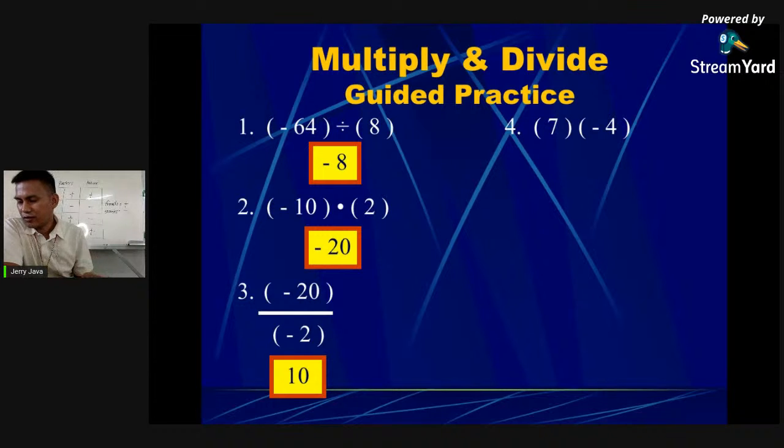Negative 28. Okay, I'm seeing the same answer. Other answers, please. Okay, 7 times 4 gives you 28. What's the sign? One is positive, one is negative. So unlike signs would give you negative. So negative 28. That's correct.